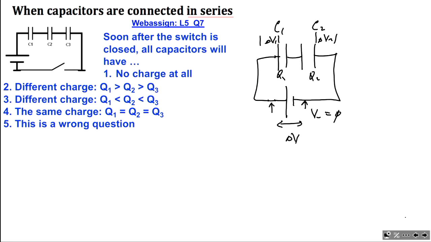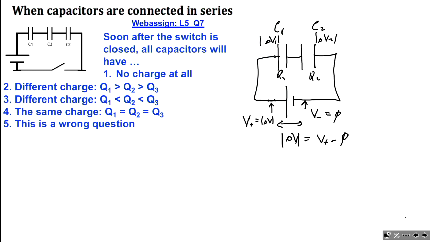The second number represents the potential here. This is what the battery says. This is literally the difference between positive potential and negative potential.